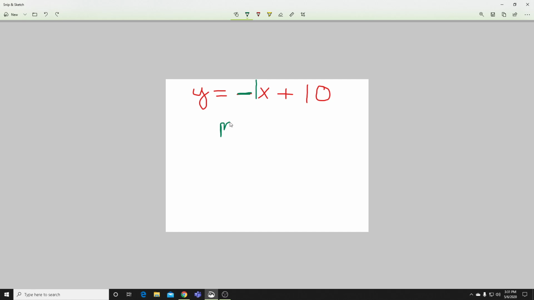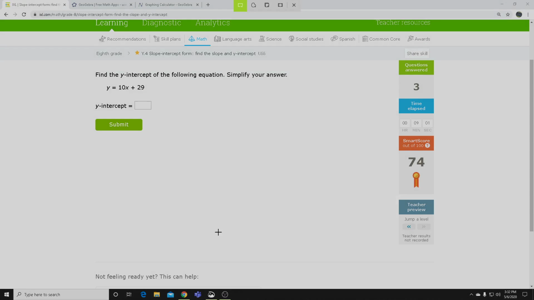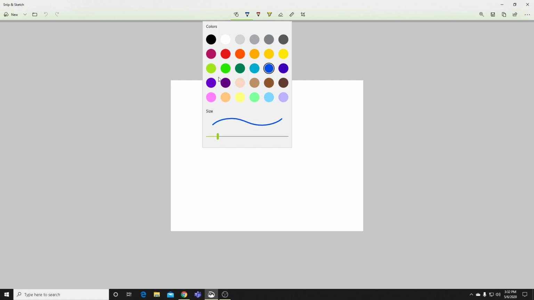So our slope m, remember that's representing slope, that'll be negative 1. Our b will be 10. Our y-intercept will be 10. B represents the y-intercept. Now, another example, just real quick.